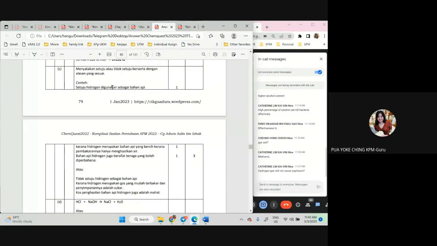Okay? When hydrogen is accepted, usually we will say it is a very high fuel value, a clean fuel because no other side product, you only get water. So it will not cause air pollution and also it is renewable. Sebab hydrogen, you boleh dapat daripada persekitaran, in your atmosphere. Dia bukan mineral. Dia takkan habis.